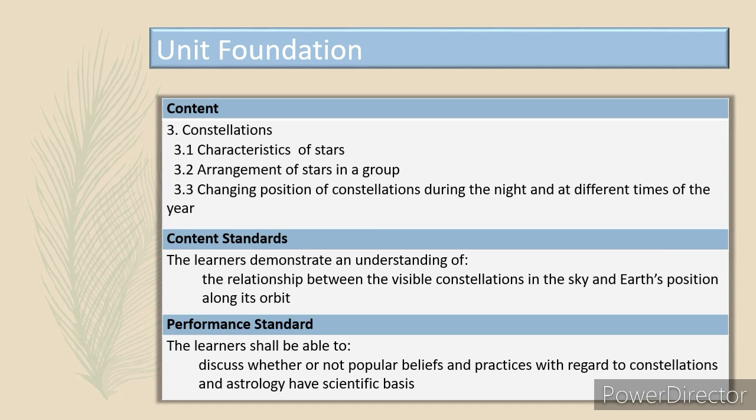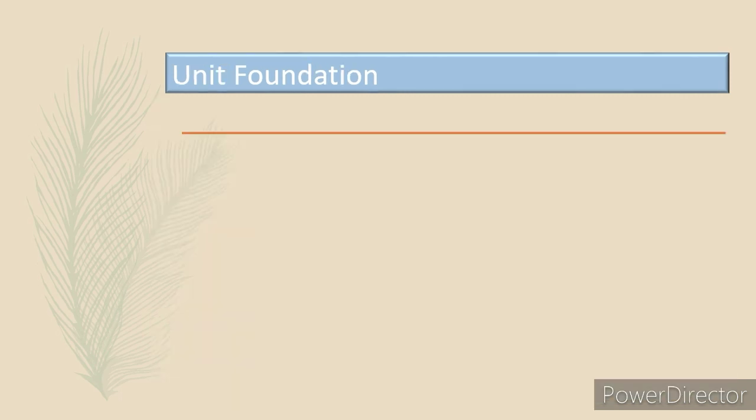The learners demonstrate an understanding of the relationship between the visible constellations in the sky and Earth's position along its orbit is the content standard. Then the performance standard is that the learners shall be able to discuss whether or not popular beliefs and practices with regard to constellations in astrology have scientific basis.